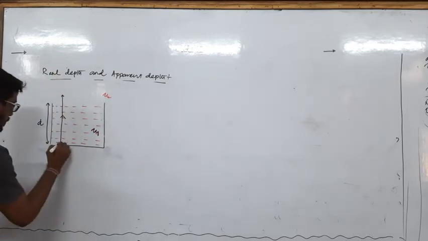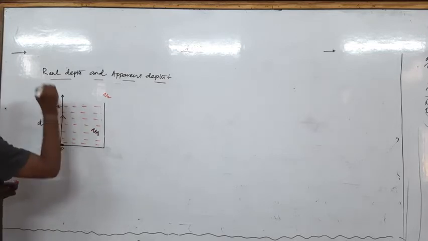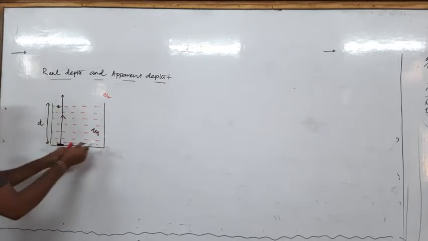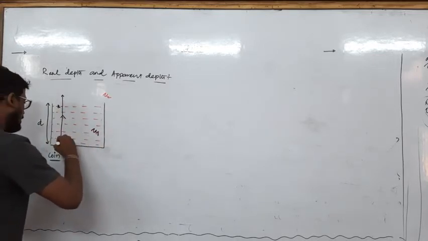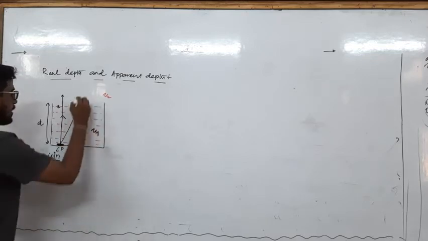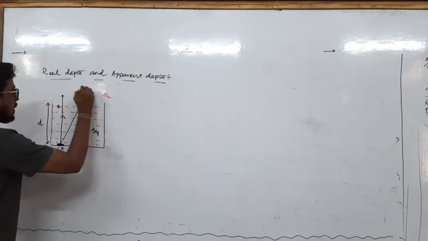Clear? So let the position of the coin be P and here the point will be Q. This is the normal incidence, and we have to consider another ray which goes like this, and here I am drawing the normal n dash.